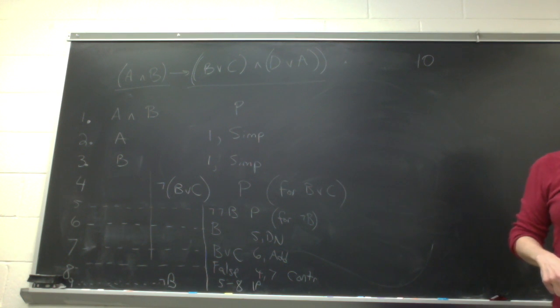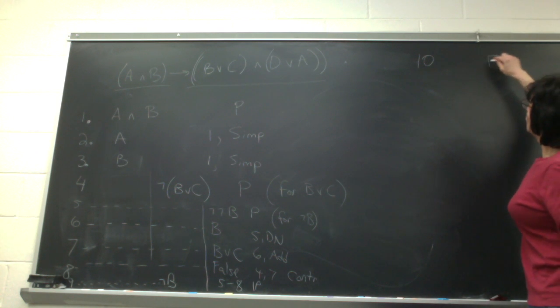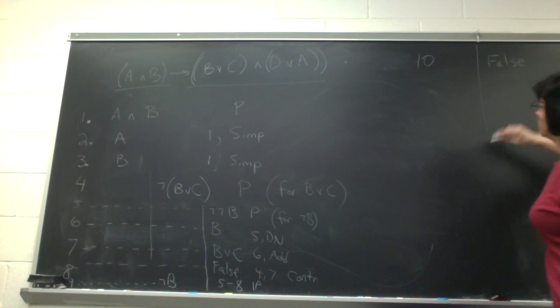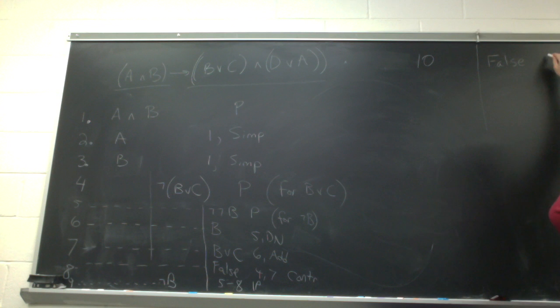You guys with me? So I can do false. This is still indented at one level, right? So this is false based on lines 3 and 9, right? And contradiction.